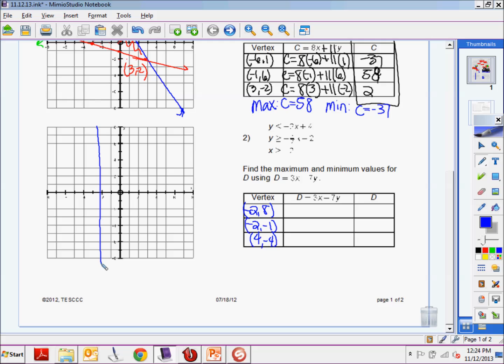There's my x equals, my x is greater than or equal to 2. Then I'm going to graph 4, -2. Is it -2 or +2? Up 2, down 2, over 1.